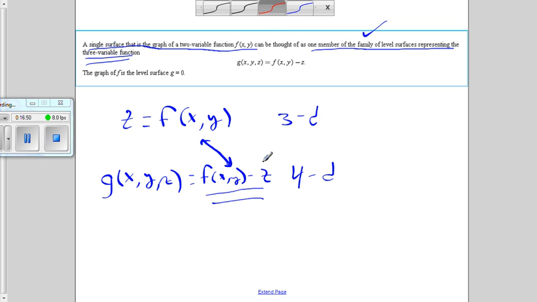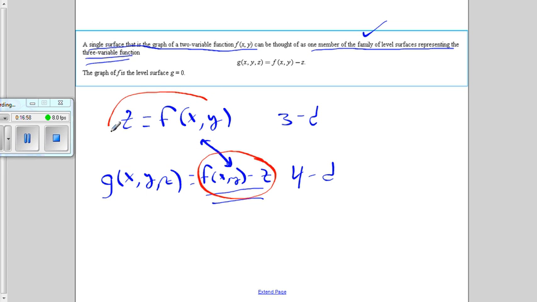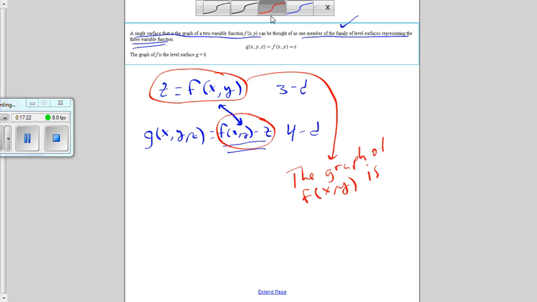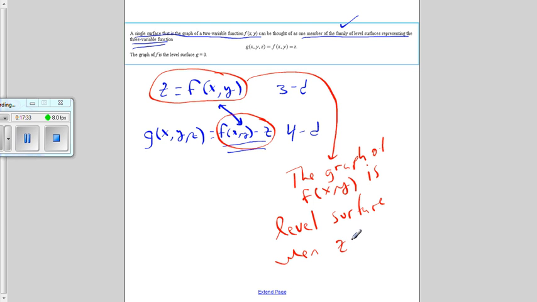Well, the graph of f of x, y is the level surface when, sorry, not z, when g equals 0.